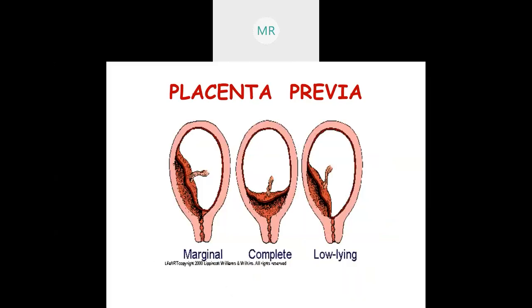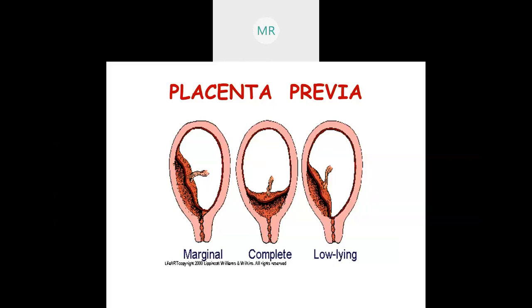There are 3 different types of placenta previa. Type 1 is low lying. Type 2 is partial, which is marginal. And type 3 is complete placenta previa.